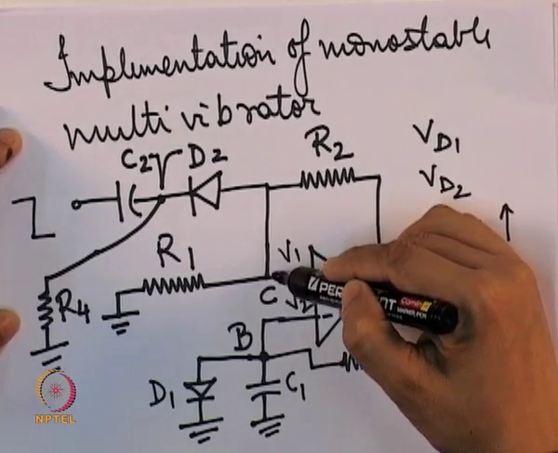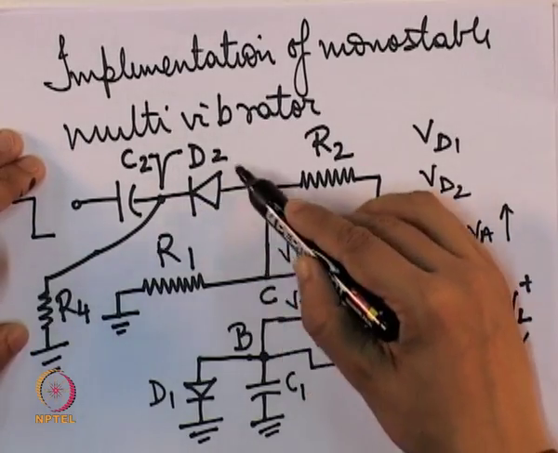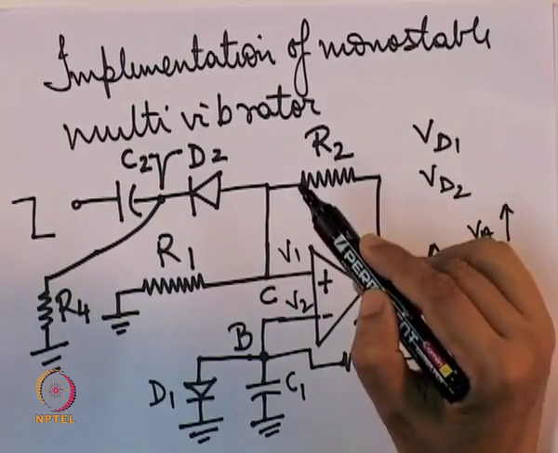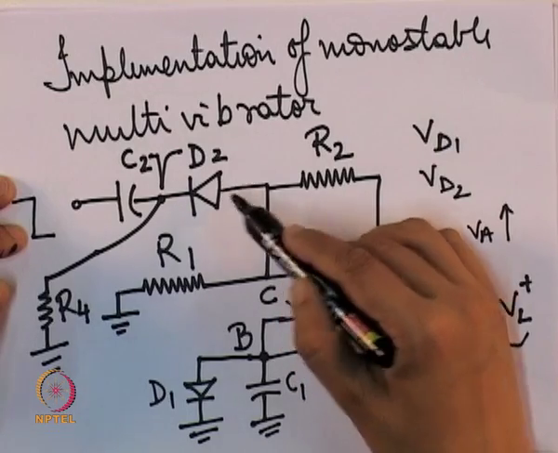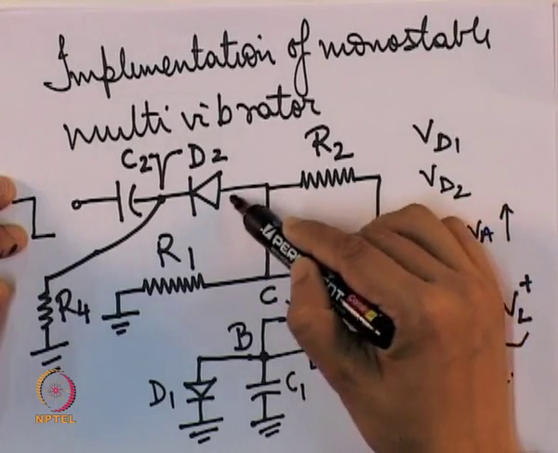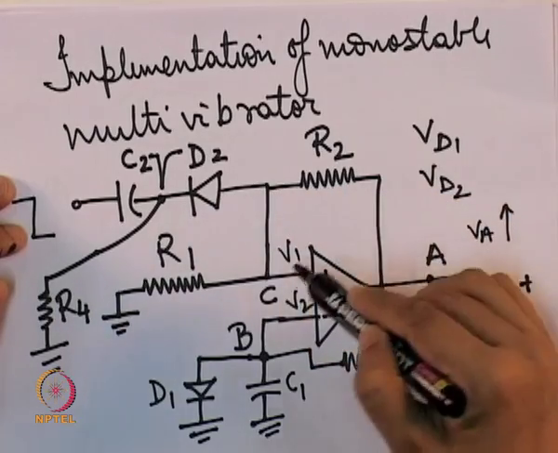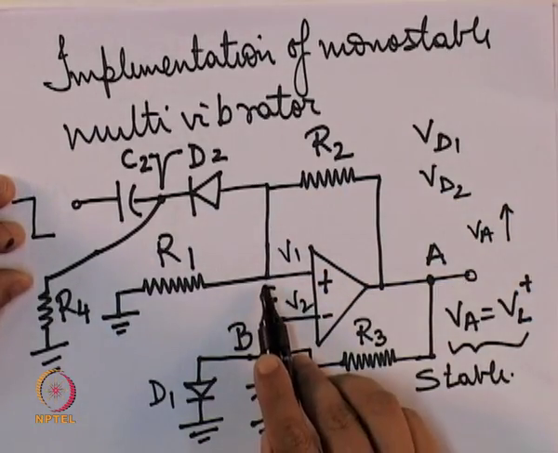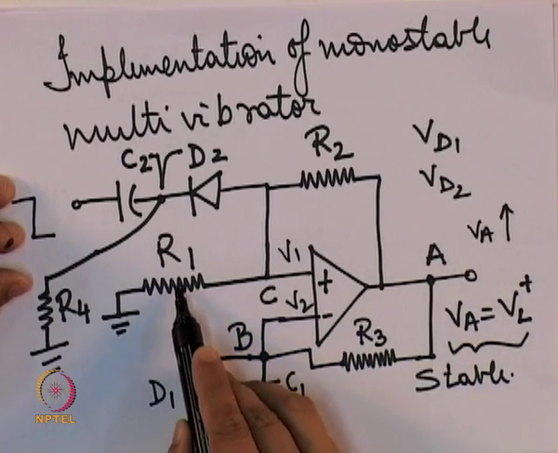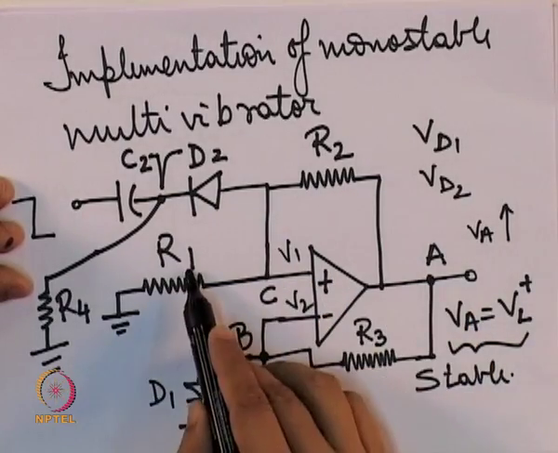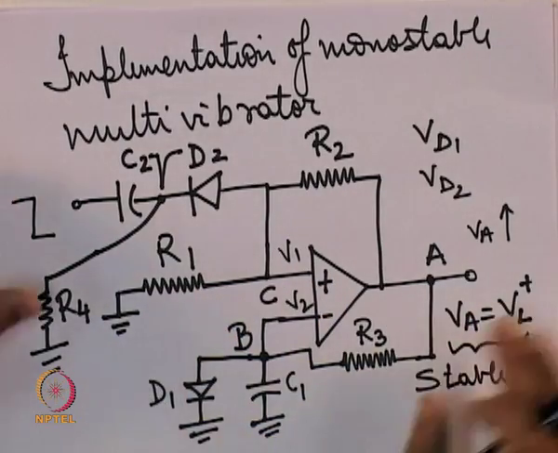To find out that high voltage, first note that initially this D2 was reverse biased. If this is reverse biased, that means no current will flow through the diode, and so then the voltage at VC is simply VA divided by R1 plus R2 multiplied by R1.